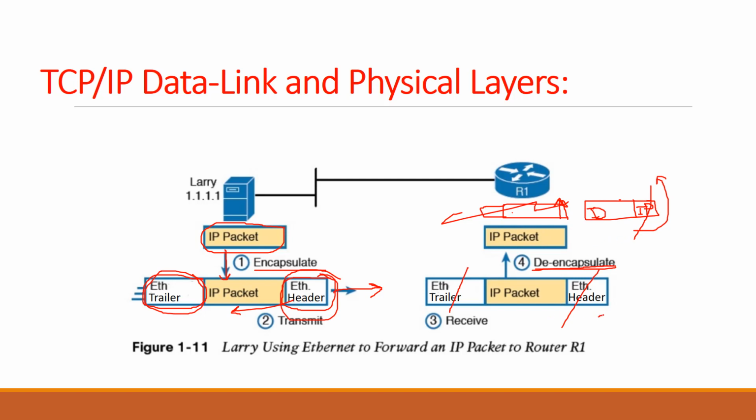So between the data link layer and the network layer, the de-encapsulation removes the header and trailer, and between the network layer and the transport layer, it removes the network header. So encapsulation means adding a header and or trailer, and de-encapsulation means removing the header and or trailer.